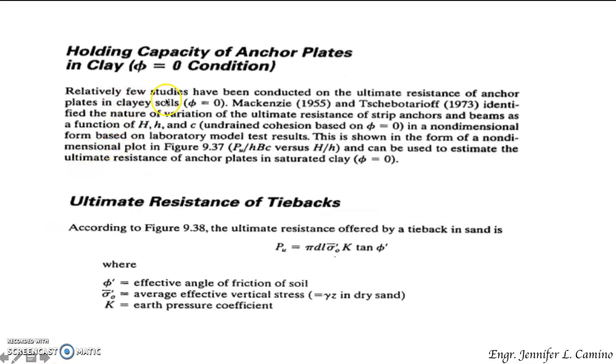So for the ultimate resistance of tie backs, if the tie back is in sand, our ultimate resistance is equivalent to this one, pi times D times L times the average effective vertical stress, K, our earth pressure coefficient, times tangent alpha prime.